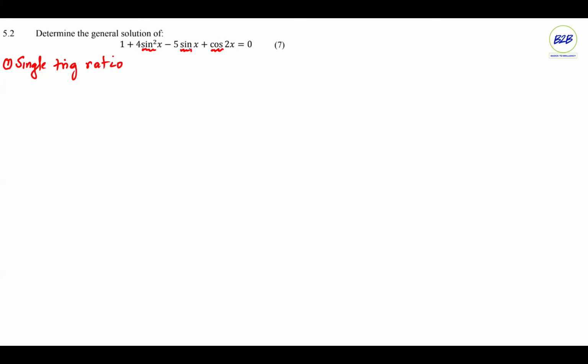It is at its simplest form. So we must convert this cos and make it sine. Right. So we will then have 1 plus 4 sine squared x minus 5 sine x plus. What are we going to replace cos 2x with? Remember, we have 3 options there.